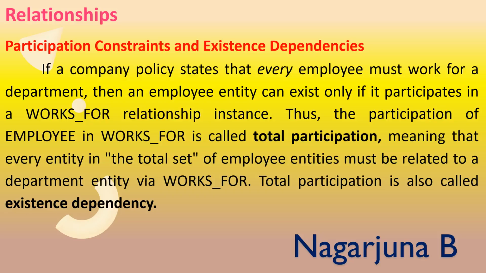That means an employee will exist if and only if they participate in the works for relationship, because the company policy states that every employee must work for a department. Thus, this kind of participation of an employee in works for is called total participation.